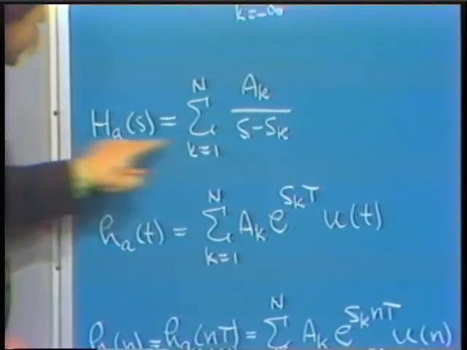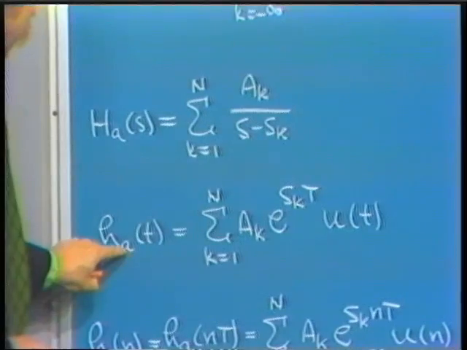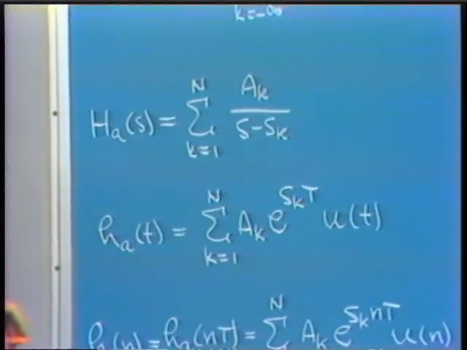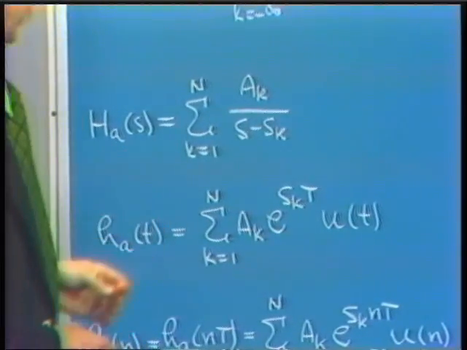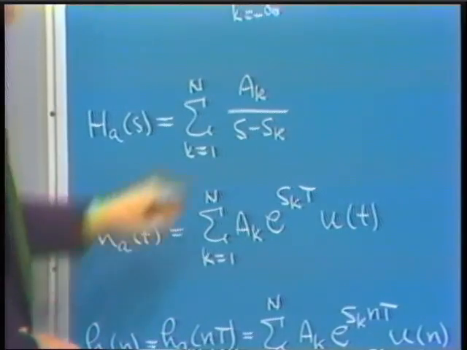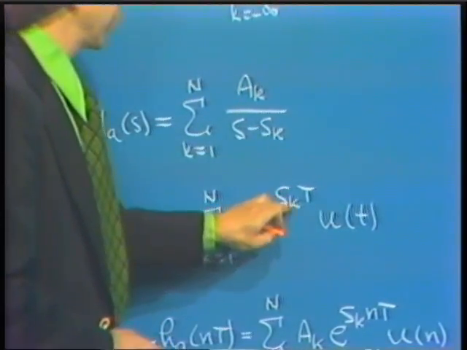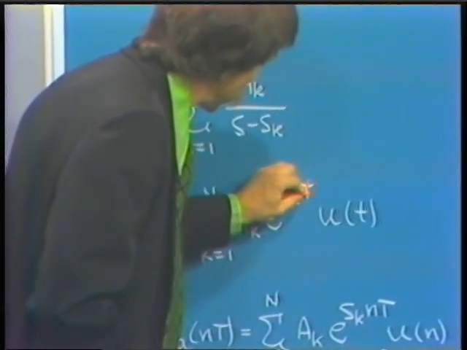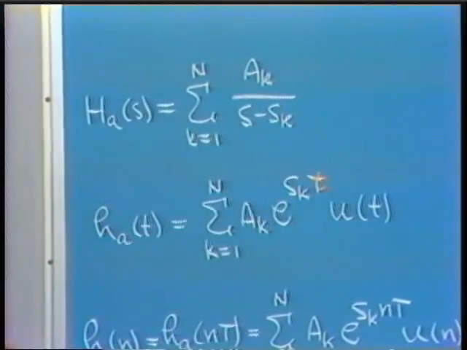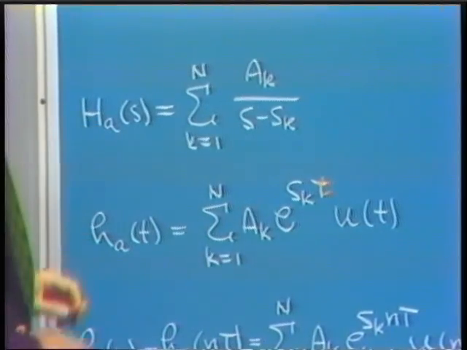All right, well, if this is the analog system function, then you should recall that the analog impulse response, that is the inverse Laplace transform of this, is a sum of exponentials with amplitudes a sub k, the same amplitudes as we have here, and complex exponentials e to the s sub k t, and this should be a little t, not a capital T. That is time, little t. So this then is the form of the impulse response which corresponds to this system function.